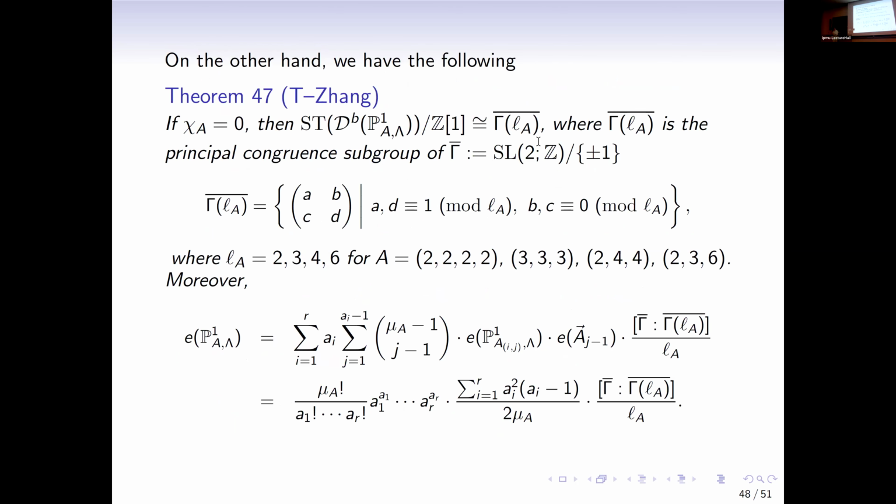And also in this case, it's a little bit different because the group generated by spherical twists is very large. In this case, essentially the principal congruence subgroup. I skip the explanation. I'm sorry, anyway, something like this.